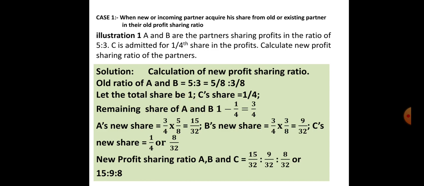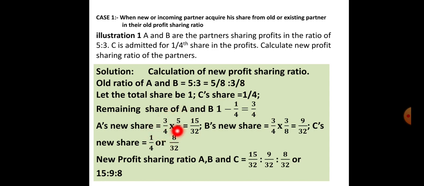This remaining 3/4 would be distributed among the old partners in their old ratio.